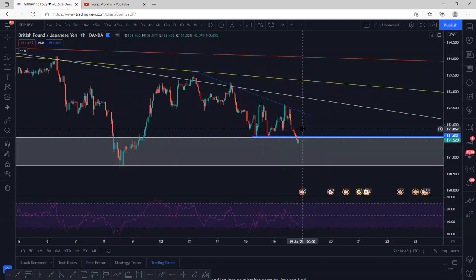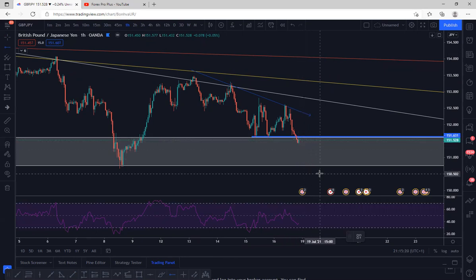our stop loss could be here, around this area. We can take a risk, or we can wait for the prices to retest completely. But anyway, we have to take a risk, and our profit is around this 150.70.